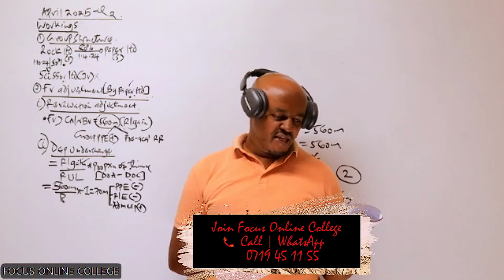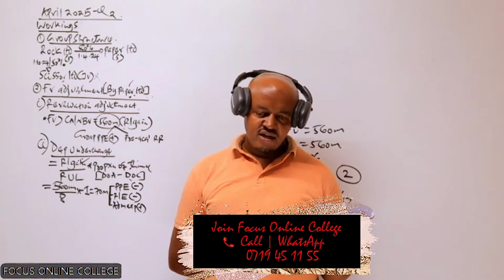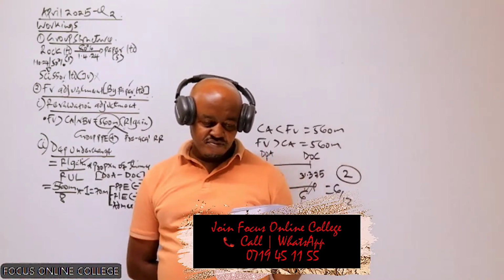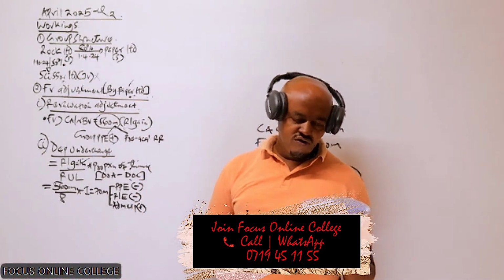And you're told during the year which ended 31st of March 2023, Paper Limited sold goods to TL Limited for shillings 500 million at a markup on cost of 25%.